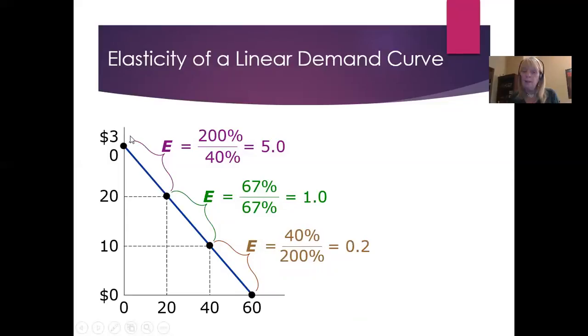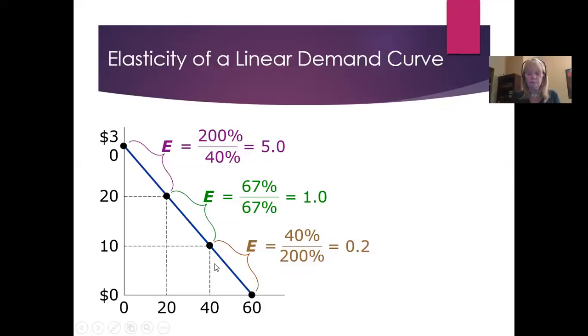For every 1% increase in price, here you're seeing a 5% decrease in quantity demanded. Touchy, touchy, touchy. If you're a marketing manager, nobody's going to tell you where you are in this continuum, so you won't know. But every time you raise price, you're going to make note of what happens to quantity demanded.